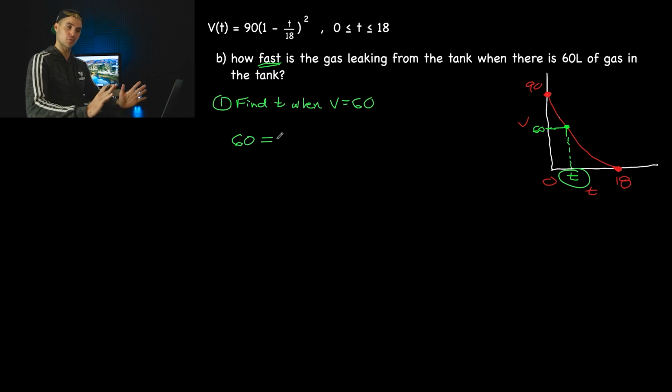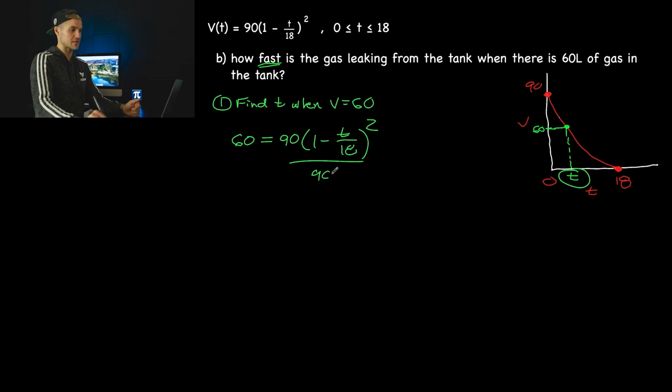Notice at this point we're not working with the derivative at all, we're still working with the function. We're just trying to find the t value when the v value is 60. So 60 equals 90 times 1 minus t over 18, squared. Divide both sides by 90. Now 60 over 90 is 2 over 3, so that's 2 over 3 equals 1 minus t over 18, squared.